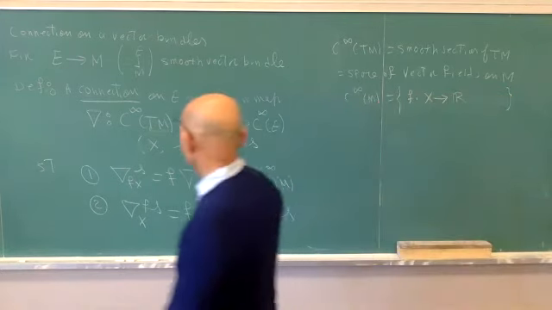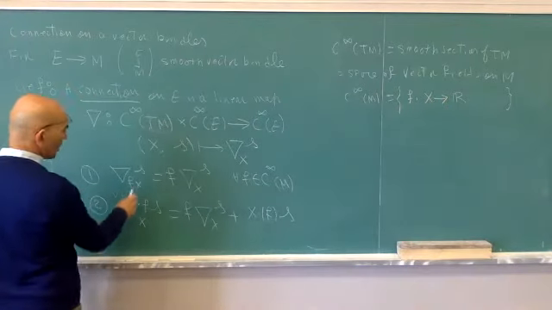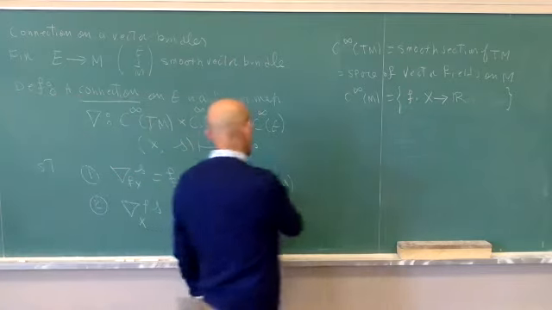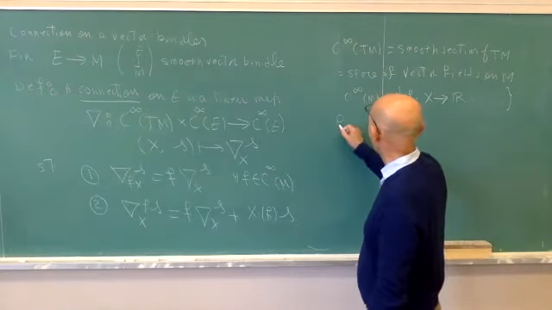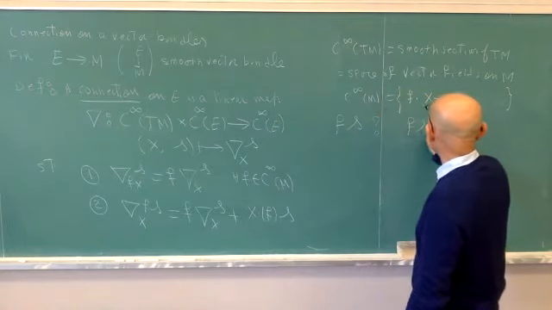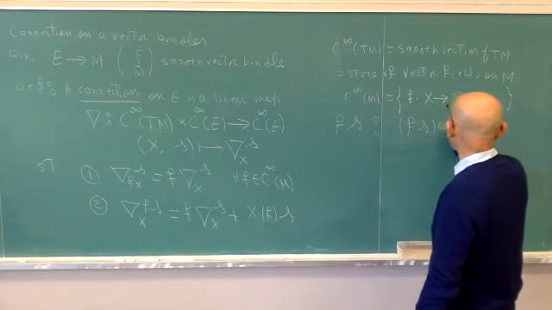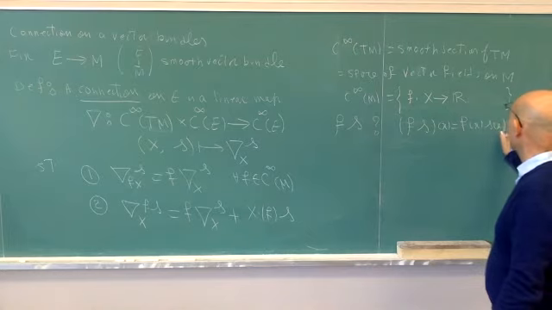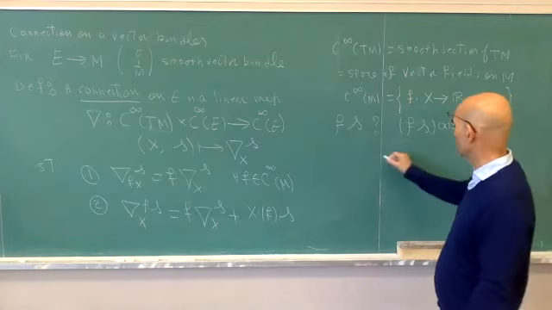So what do these two conditions mean? The first condition means that it's linear with respect to this. Of course, now you see, fS. So what is this? Well, fS of x is just f of x times S of x. So that's just pointwise multiplication, right?